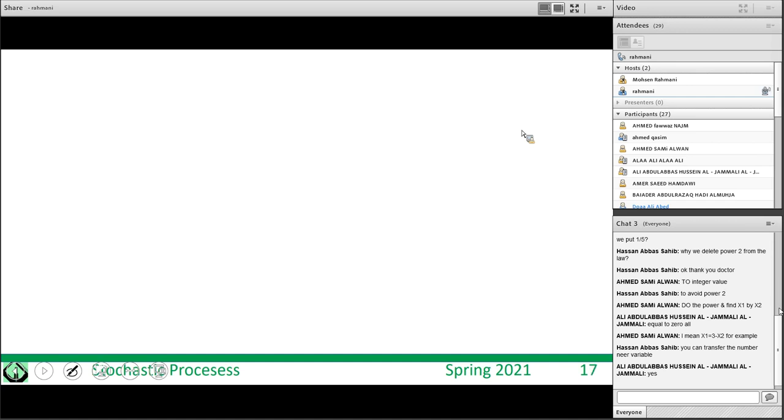There is another solution for this problem, which is known as GD, or gradient descent. Let me find the word in Arabic.